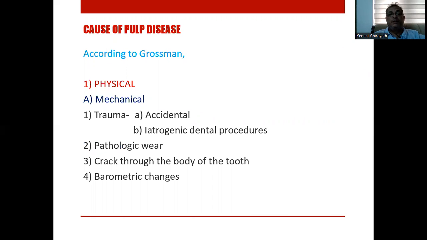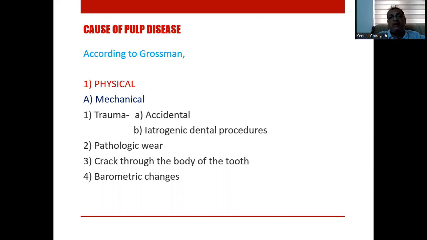In the mechanical group, there is trauma, then pathological wear, a crack through the body of the tooth, and barometric changes. Mechanical physical injury to the pulp is trauma, such as a road traffic accident, and iatrogenic pulpal exposure during cavity preparation. All these are causes of pulpal disease. Pathological wear means improper brushing technique or bruxism, which result in attrition of the tooth. A change in atmospheric pressure can cause pain in the tooth.